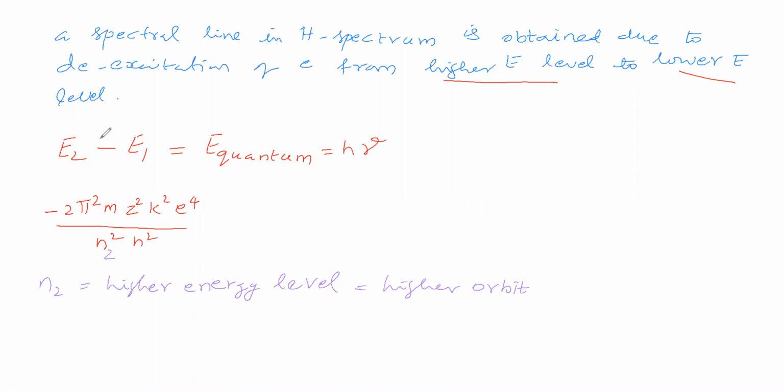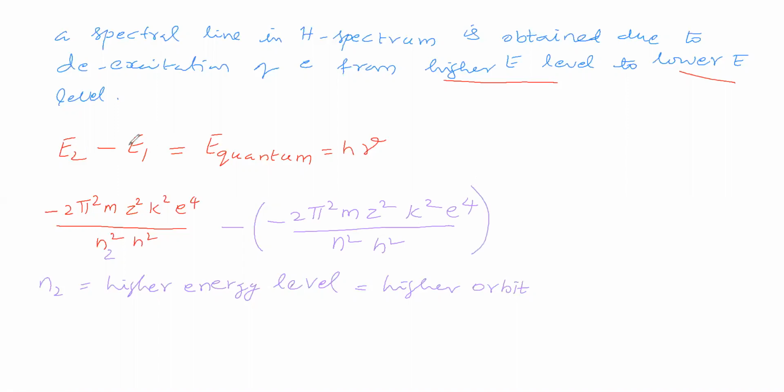Next, this minus, then we will substitute E1. E1 is called the lower energy level. It is not indicating the first level, it indicates the lower level. E is the respective energy. For this level, the energy will be minus 2 pi square m z square k square e power 4 by n square h square.